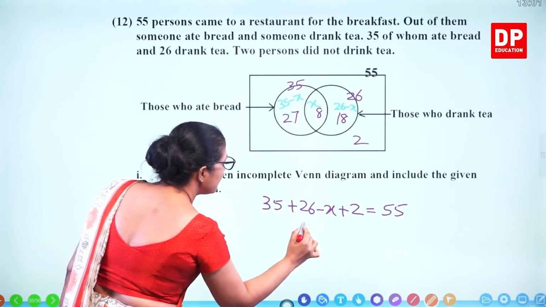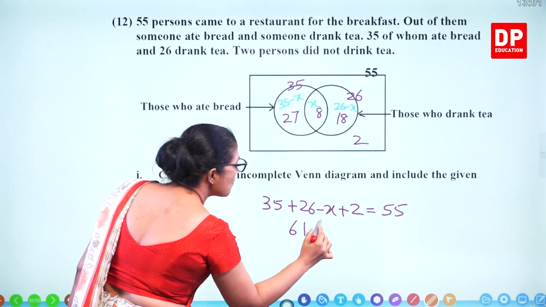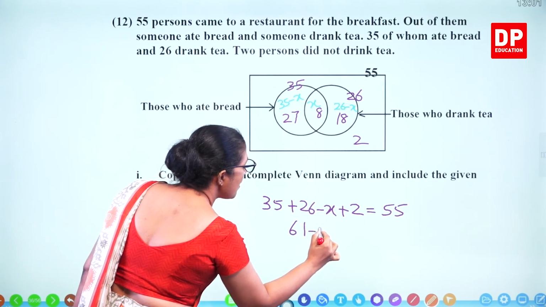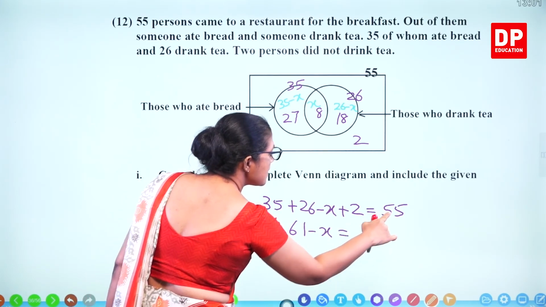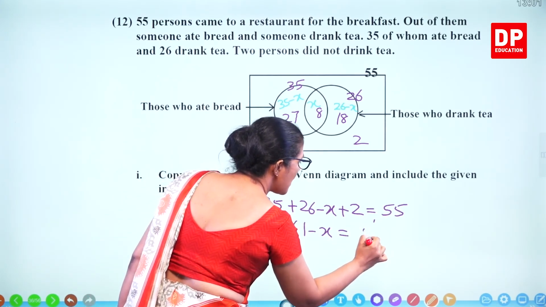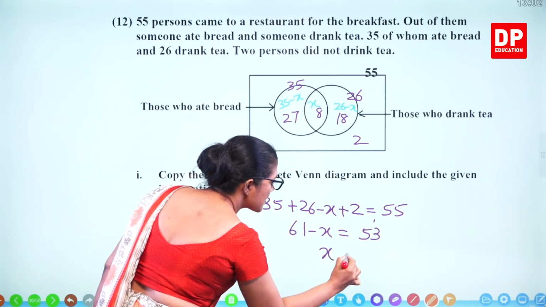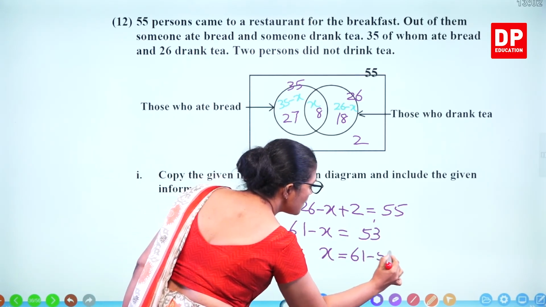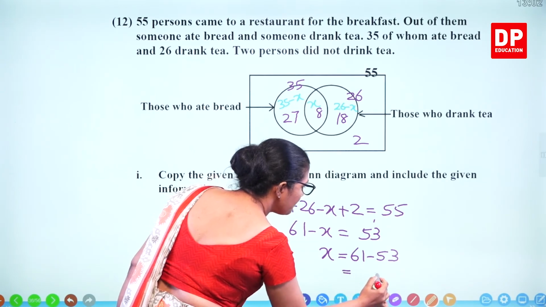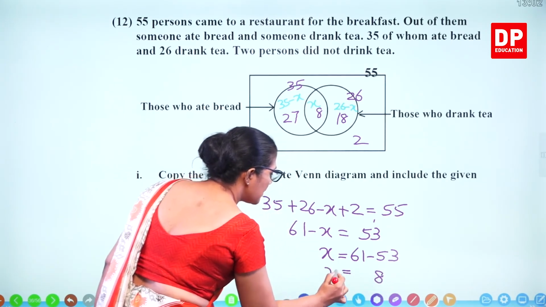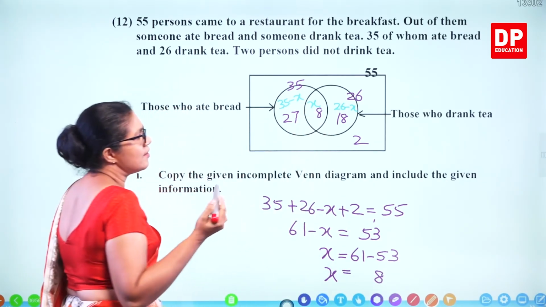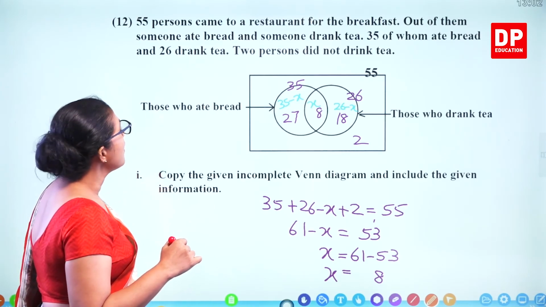So you get 61 minus x is equal to, taking 2 to the other side, 53. So what's x? 61 minus 53, 8. So the middle is 8. Any method you can use.